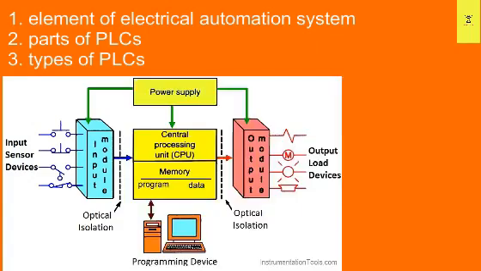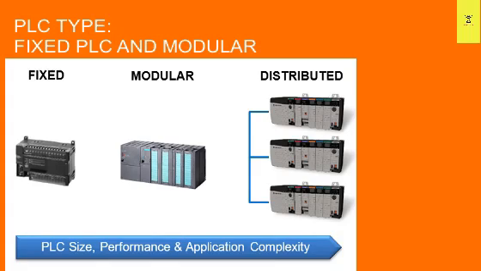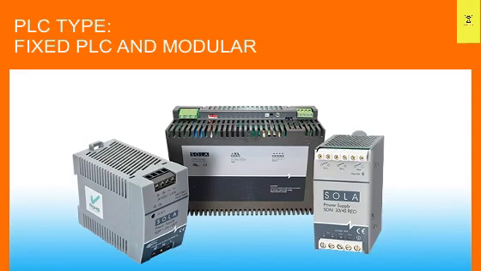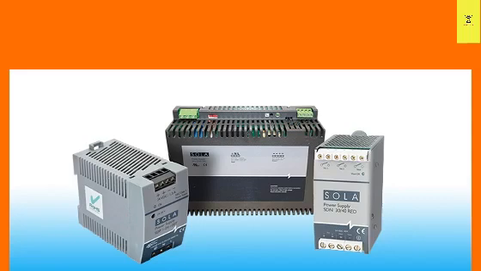The elements of automation system. The first element is the power supply. The purpose of the power supply is to supply electrical energy to the entire automation system.